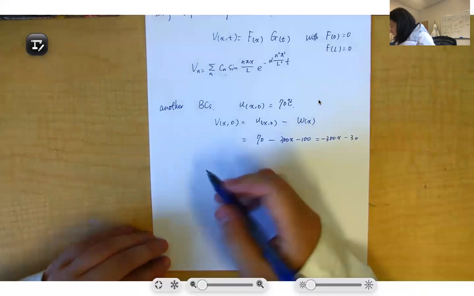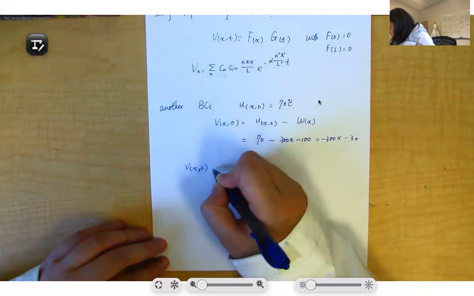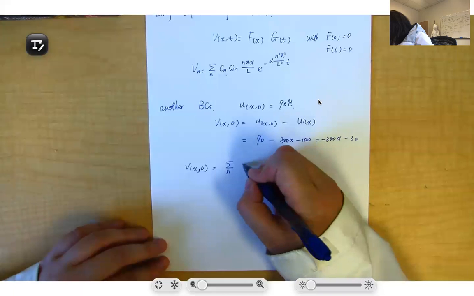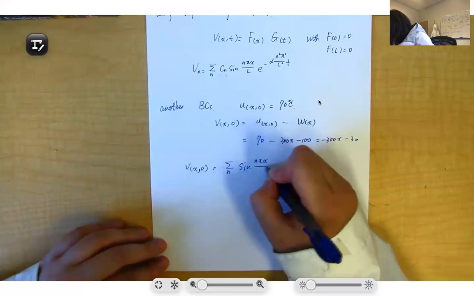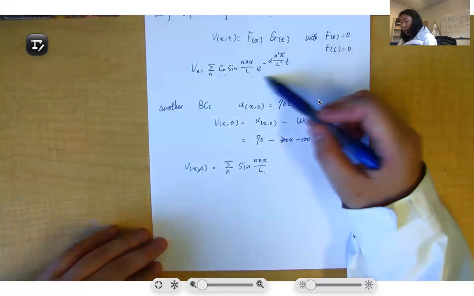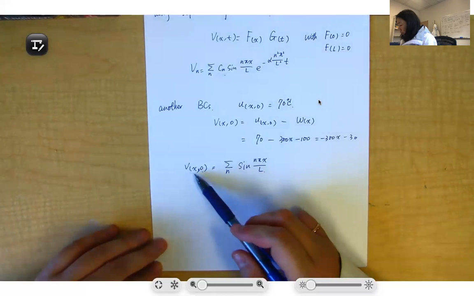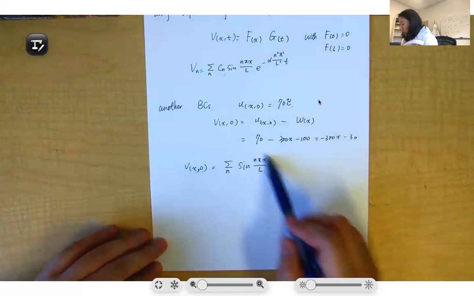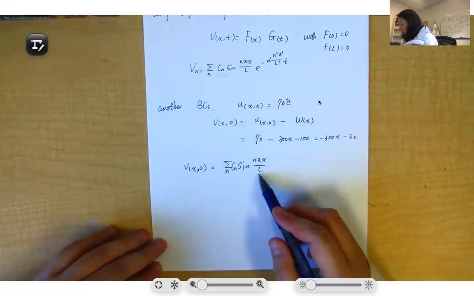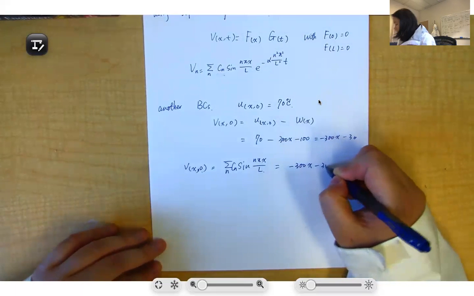So V(x,0) will be equal to the sum of Cn sine(n pi x over L). Since t equals 0, the exponential part equals 1, right? Then V(x,0) is just the sum of Cn sine(n pi x over L), and that equals minus 300x minus 30.